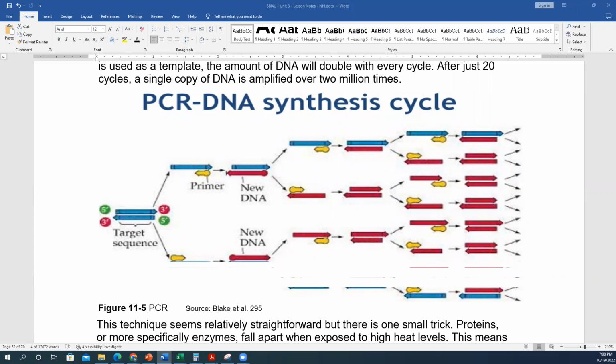But you can't really copy DNA while it's in the double-stranded form.